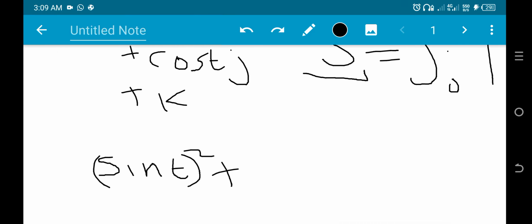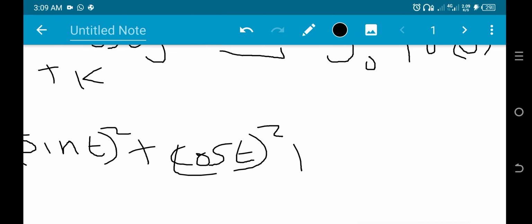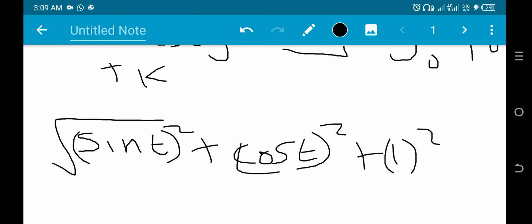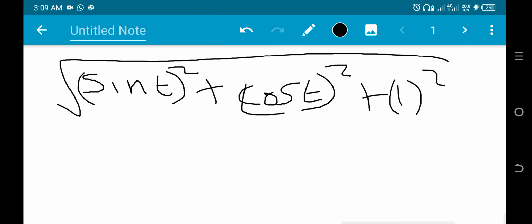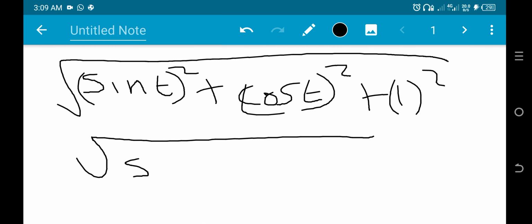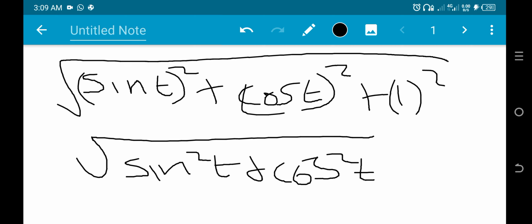Negative sin t squared and sin t squared are the same thing. So this simplifies to the square root of sin squared t plus cos squared t plus 1.